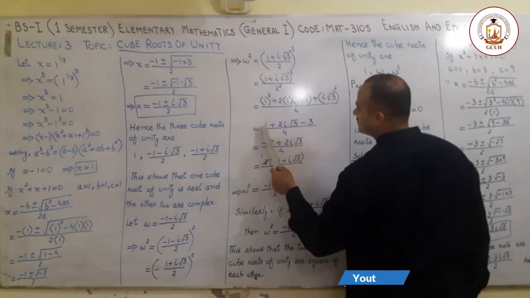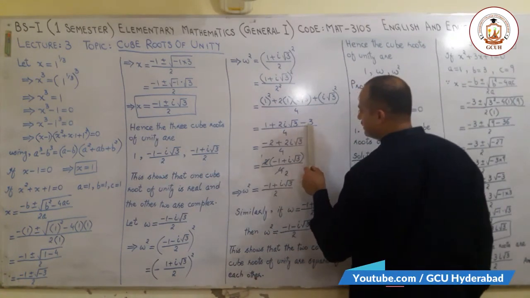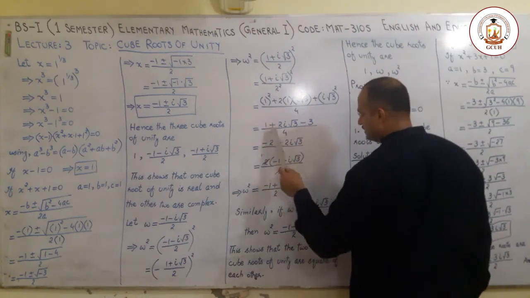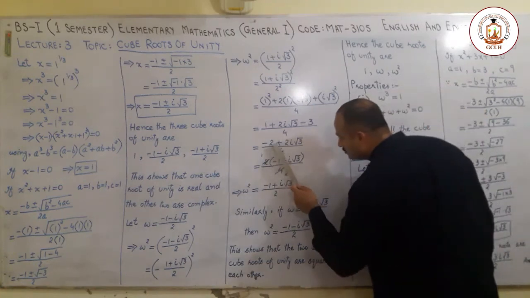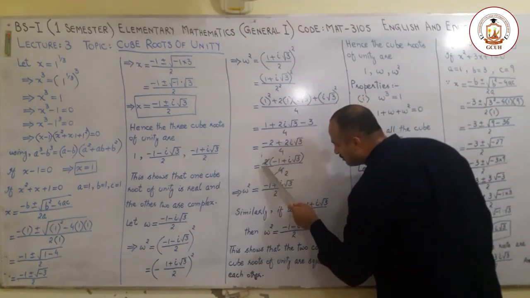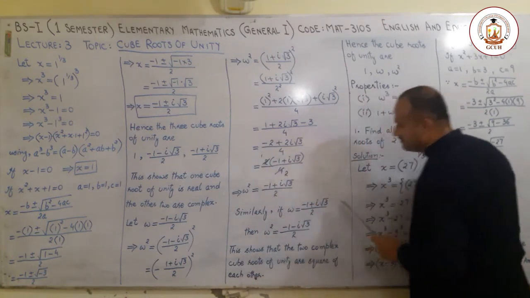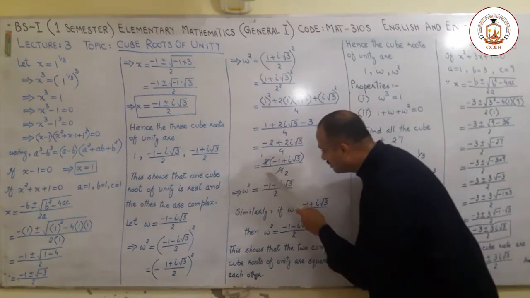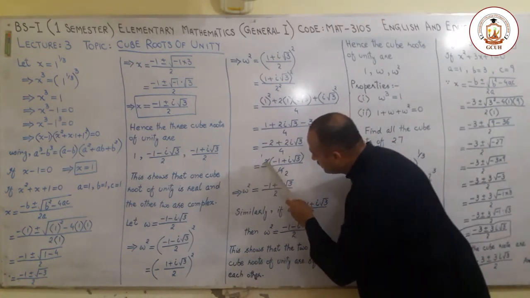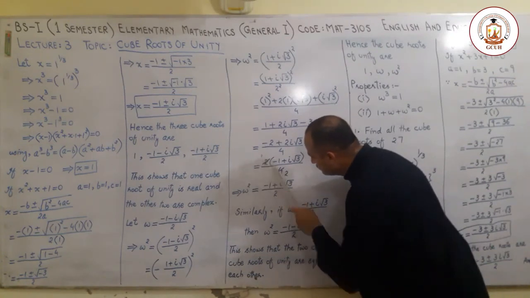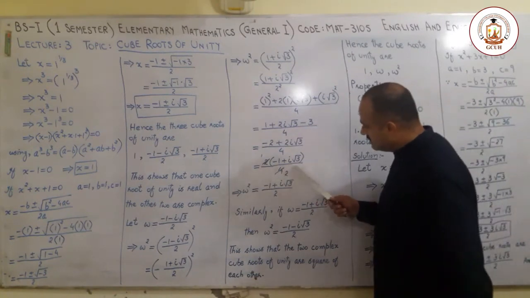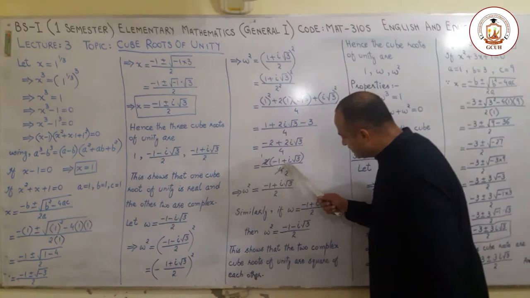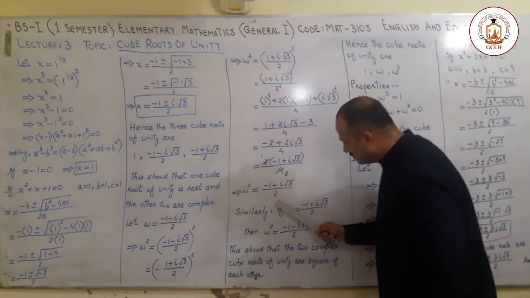So we now subtract 1 minus 3 which is minus 2, and this term is written as it is with the denominator. In the numerator 2 is common, which is taken common in the next step. Here minus 1 is remaining, here iota radical 3 is remaining, and we use the table of 2 to cancel. 2 1 is 2, 2 2 is 4, and in the last the remaining fraction is minus 1 plus iota radical 3 upon 2.